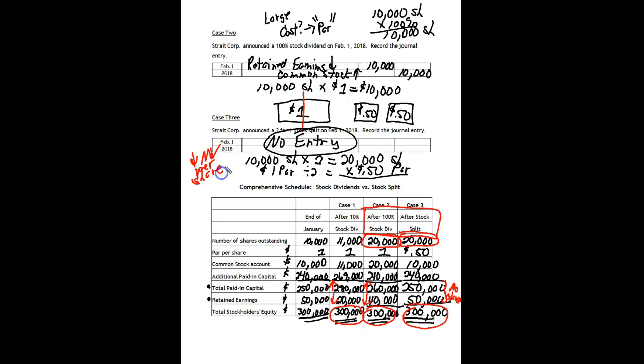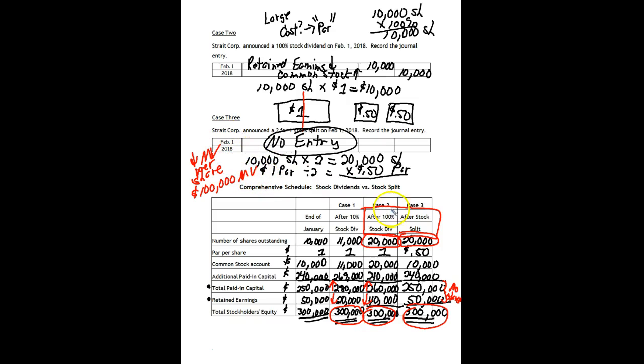Well, why would I want to do that? Well, what if my market value per share has gone up to $100,000? I mean, how many people can afford to buy one share of stock at $100,000? Now, if it's $100, I'm going to have a whole bunch of people that can purchase it. But at $100,000, not very many people can afford that.